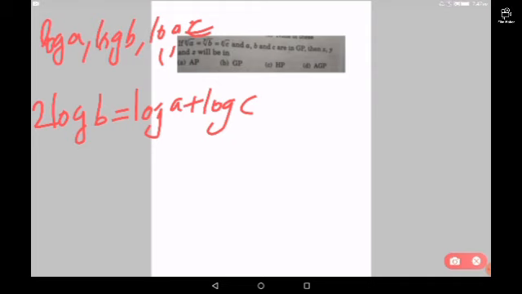Okay. Now in this question it is given this equality.